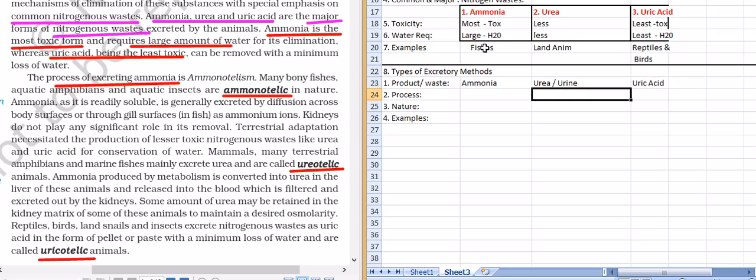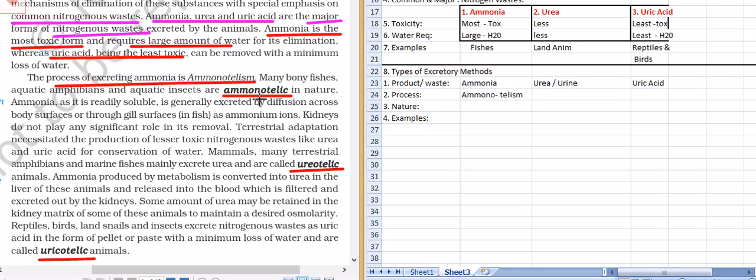These are three. So the process name is ammonotelism. Next, what is the nature? The nature is ammonotelic. Here we mentioned it, no? It's ammonotelism, and next is ammonotelic.